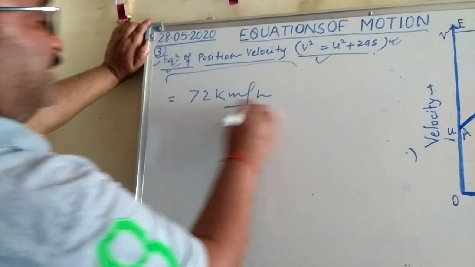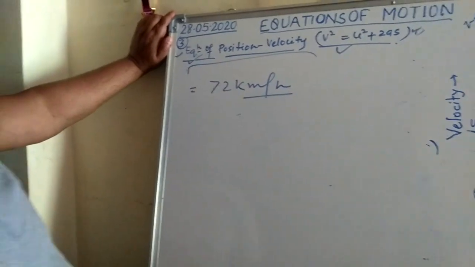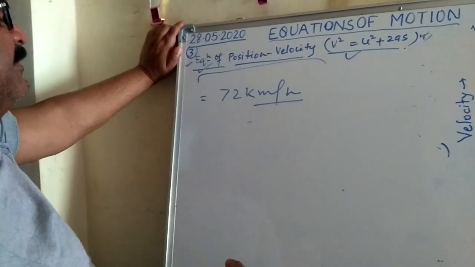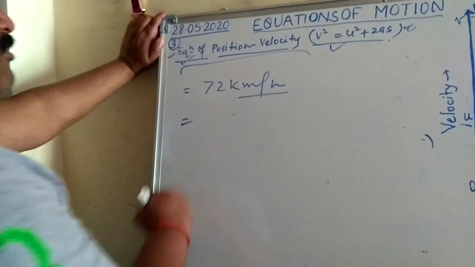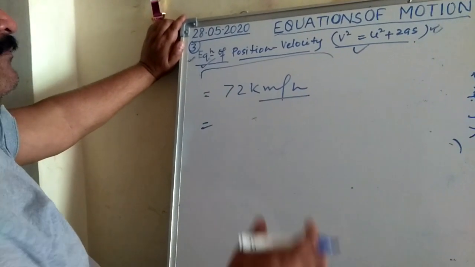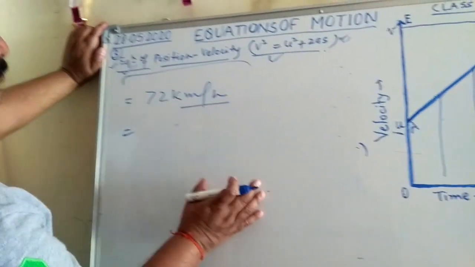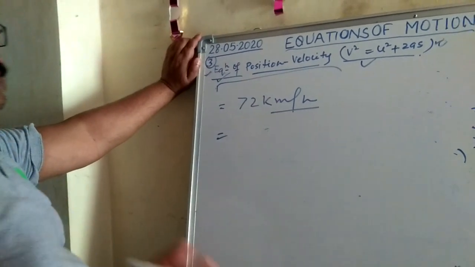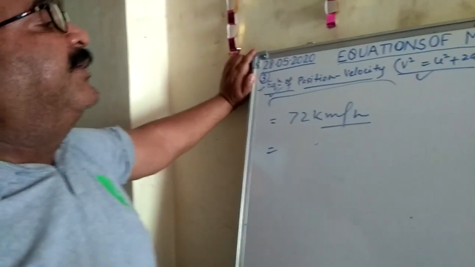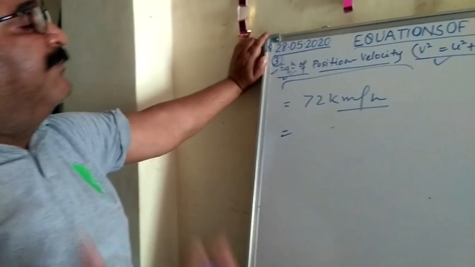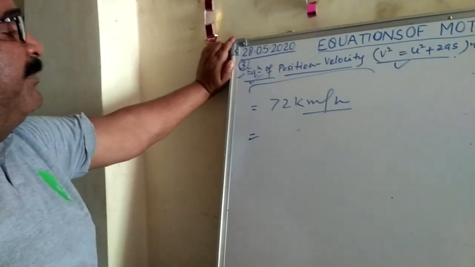That is not the SI unit, and the SI unit of velocity is meter per second, so you change it. In numericals, the data is often given in different systems: some in MKS unit, some in FPS unit.